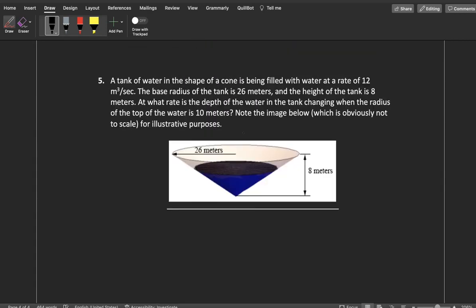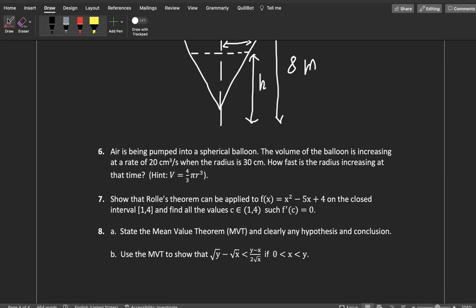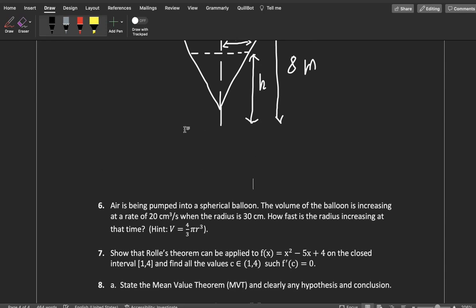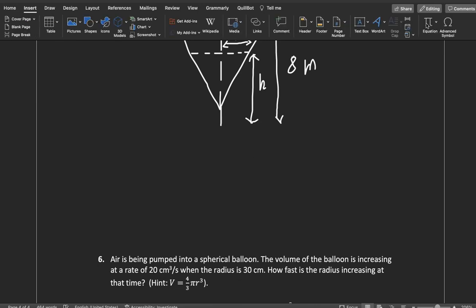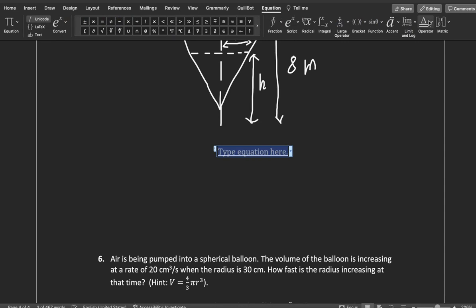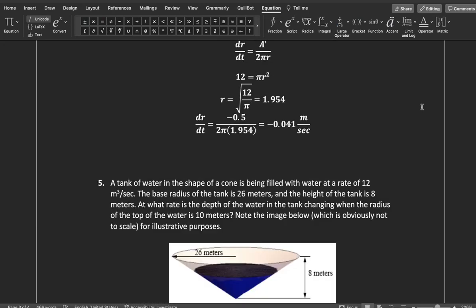And we're given that dV/dt, the change of volume over time, also represented as V prime, is equal to 12 meters cubed per second.